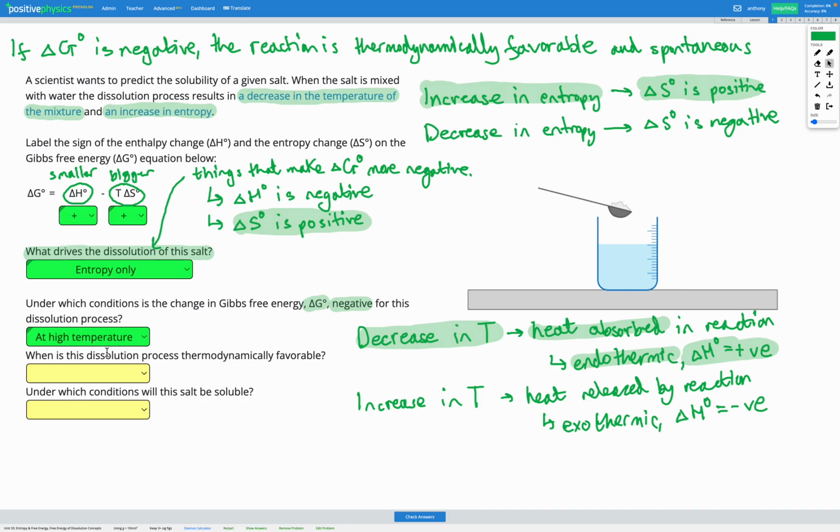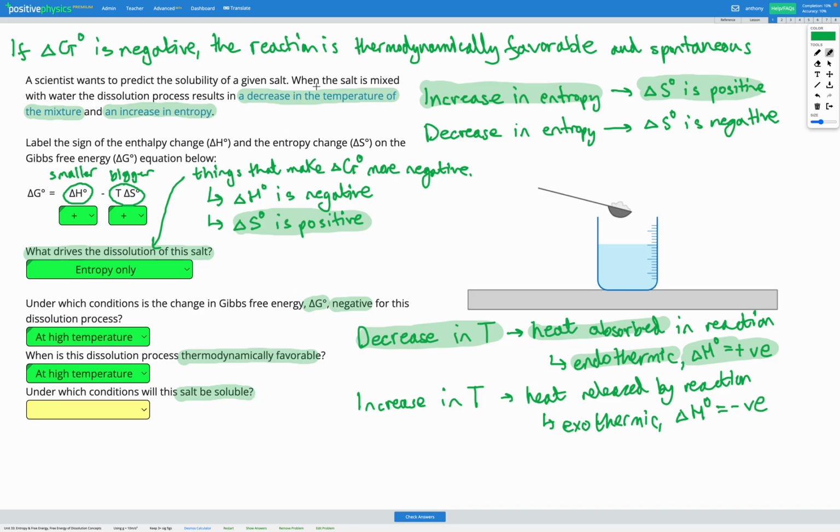Next, we're asked, when is this dissolution process thermodynamically favorable? Remember, the whole point of delta G is that if it's negative, the reaction is thermodynamically favorable and spontaneous. So this will be spontaneous and thermodynamically favorable at high temperature. Finally, we're asked, under which conditions will the salt be soluble?